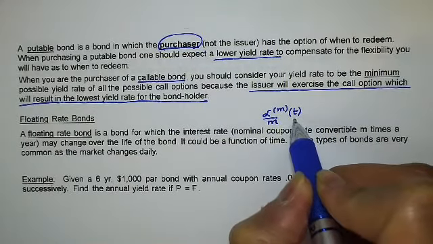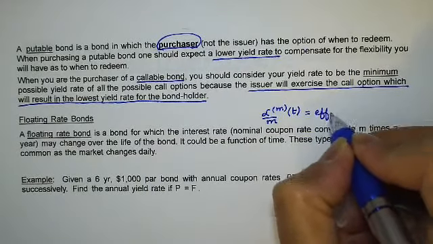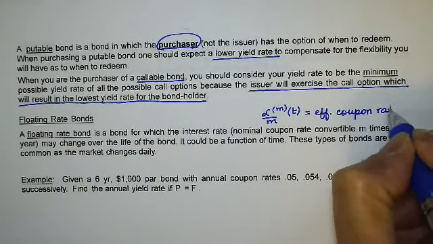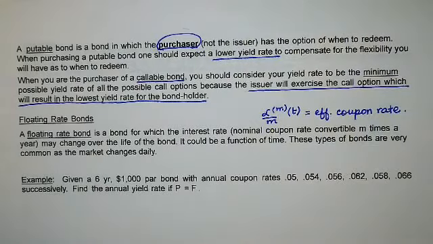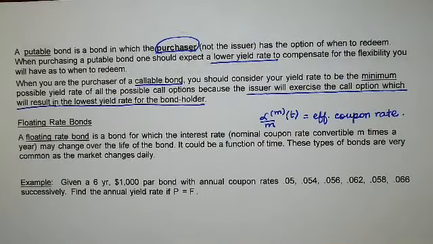That means this is a function now of time. This is your effective coupon rate, and it changes over the life of the bond. These types of bonds are common as the market changes daily.